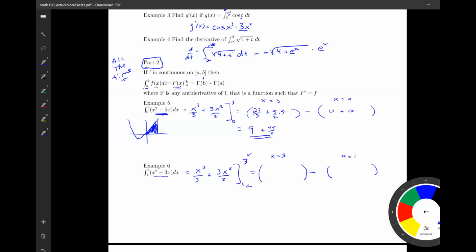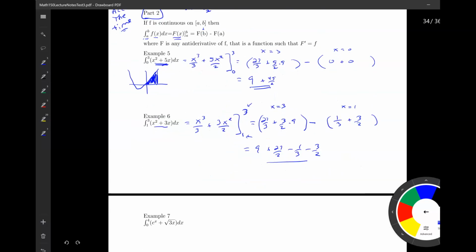So when I plug in x equals 3, again I get 27 thirds plus 3 halves times 9. When I plug in 1, I get 1/3 plus 3 halves. So this gives me 9 plus 27 halves minus 1/3 minus 3 halves. So this is the exact area under the curve.